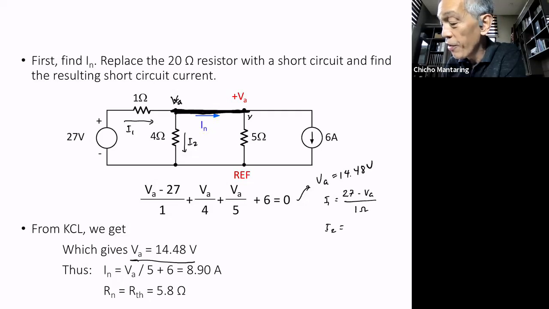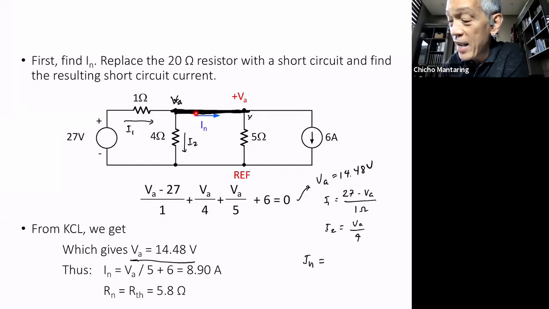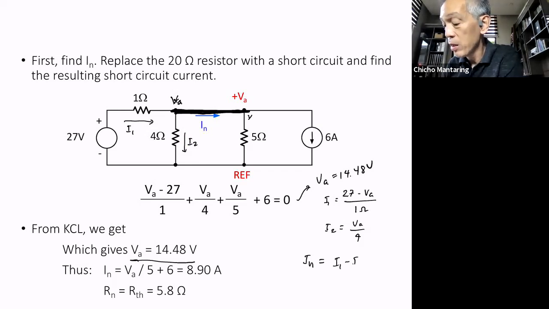I2 is just V sub A over 4. So what is IN? IN is just I1 minus I2, because I2 plus IN should be equal to I1. If you do that, you get 8.9 amperes.